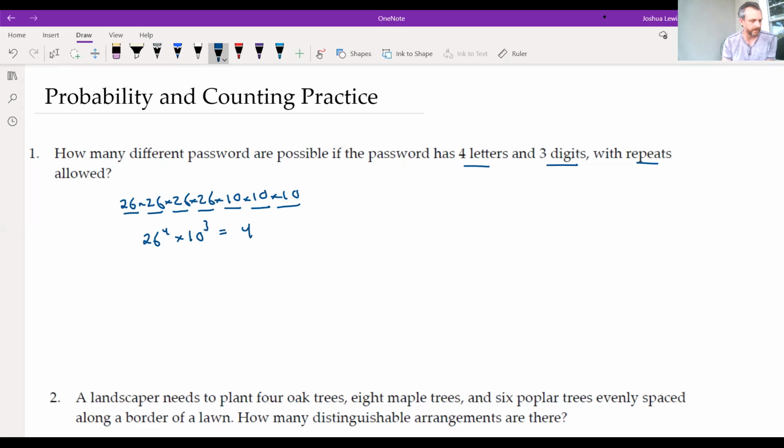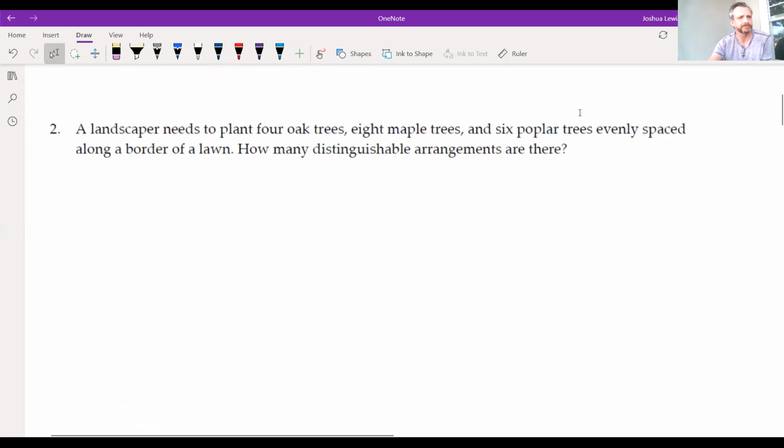So we get 456,976,000 different possible passwords.